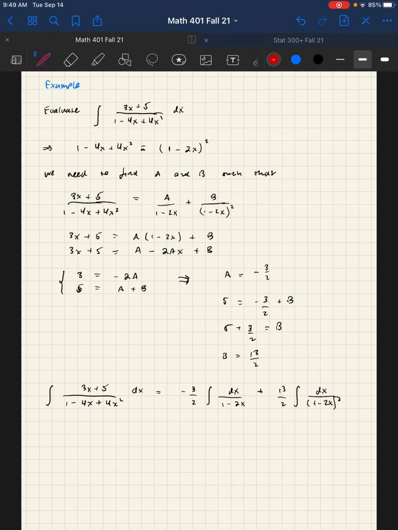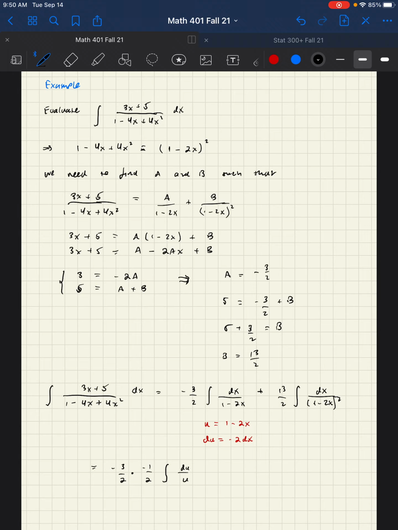Okay, here we're going to be a little bit more careful. We need to perform a correct substitution. So if we let u equal 1 minus 2x, right, then du is going to be negative 2 dx. So replacing dx means we're going to have to multiply by negative 1 half. So we end up with negative 3 halves times negative 1 half, the integral of du over u.